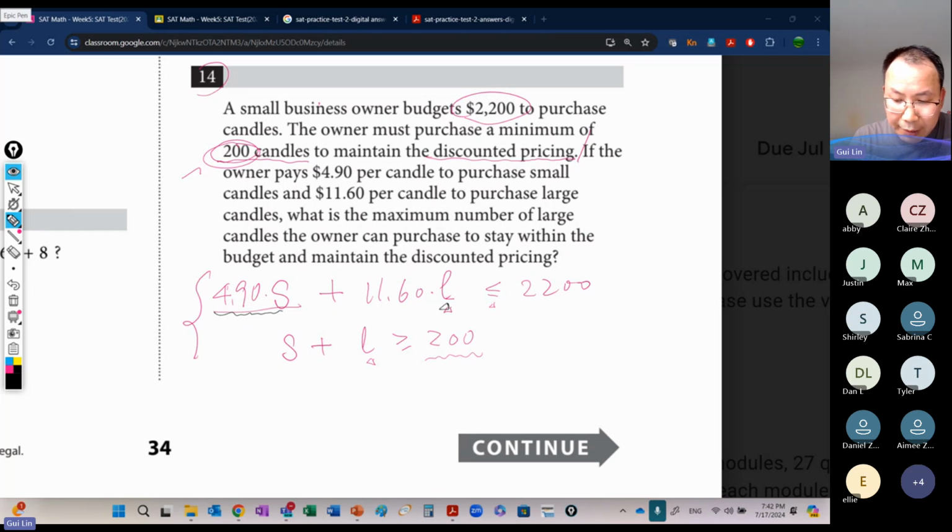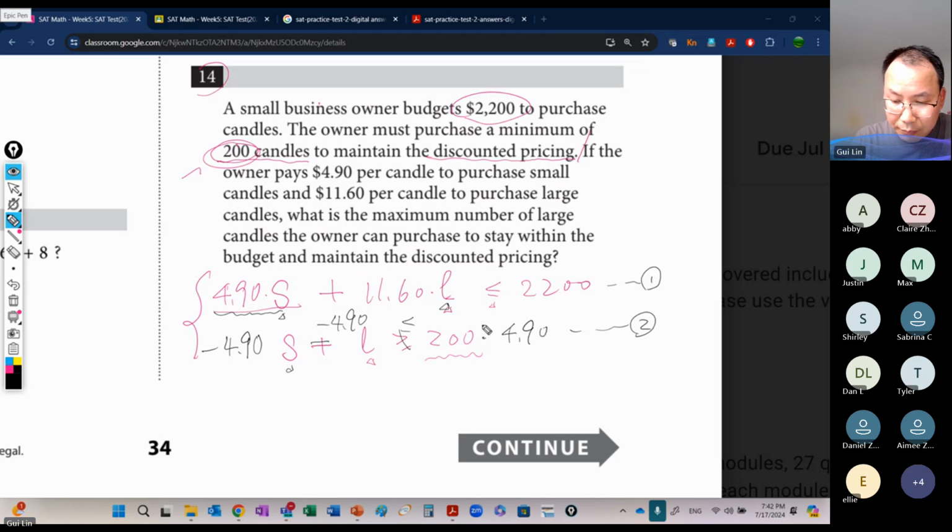Since we want to get L, we let S disappear first. So change this inequality into one that only contains L, making S disappear. We use the second one: multiply both sides by 4.90, and here we change the inequality direction.